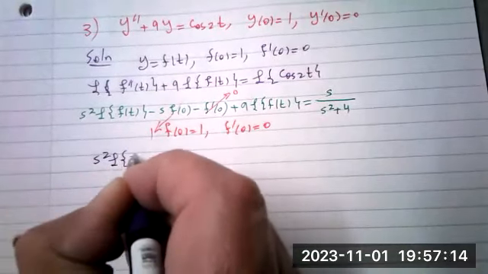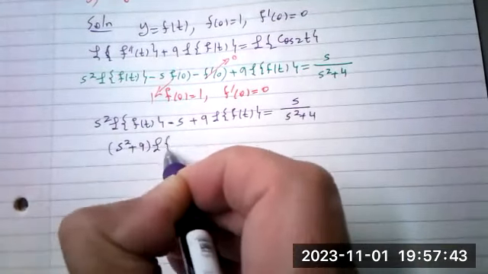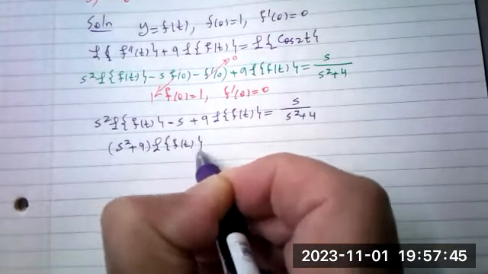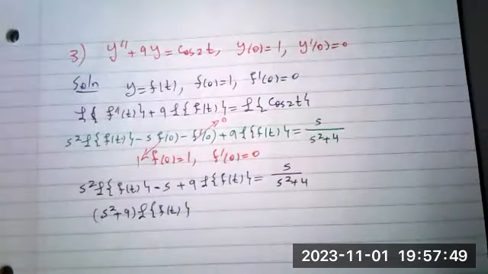This is 0. Plus 9 Laplace of f of t equal to s over s squared plus 4. Factor out the Laplace of f of t. So that gives you s squared plus 9. You check that s squared plus 9 is the characteristic equation of y double prime plus 9y. So we are on the right track.